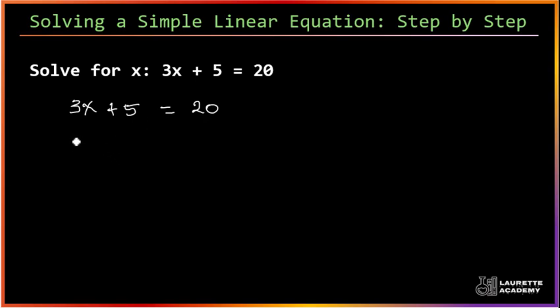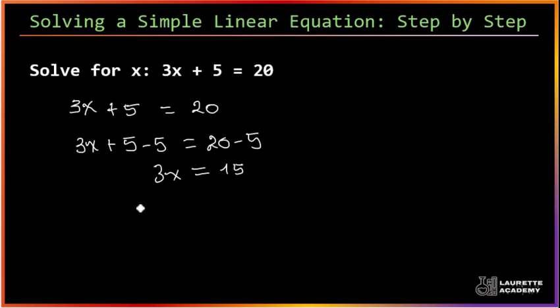So we'll have 3x plus 5 minus 5 is equal to 20 minus 5. 3x plus 5 minus 5 is 0, so we have 3x is equal to 20 minus 5, which is 15.